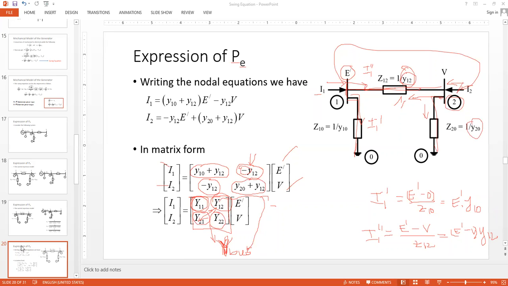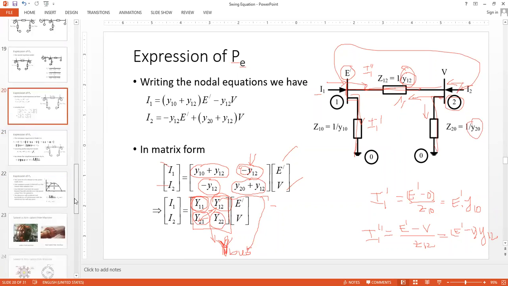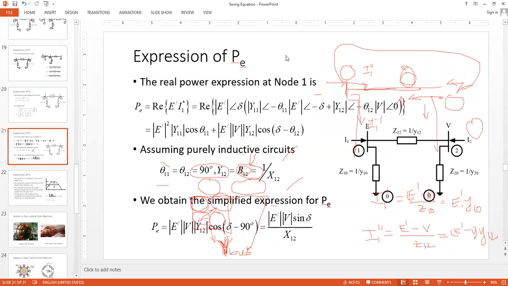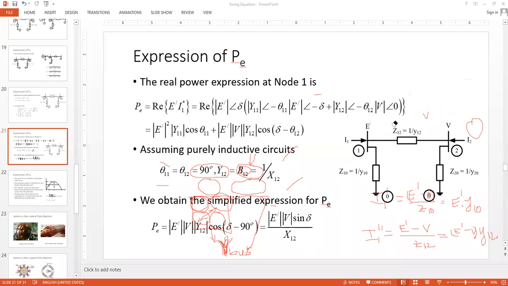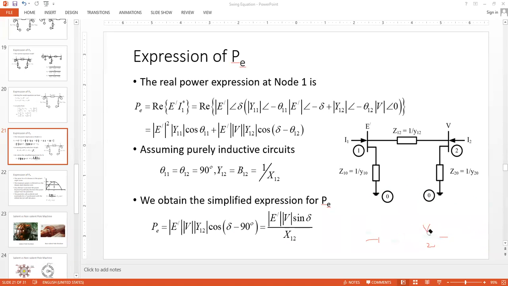So once you are done with this Y bus matrix representation, next we will try to calculate our power. Remember, we are looking for the real power expression. How do you calculate real power? It is simply VI conjugate, which is basically the apparent power. The apparent power, or the volt ampere, S is VI conjugate in phasor notation.